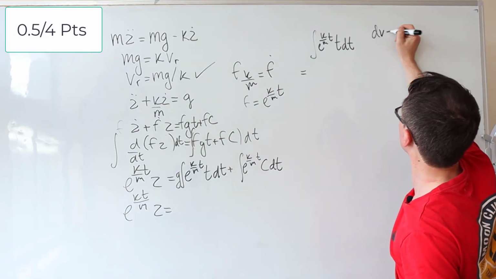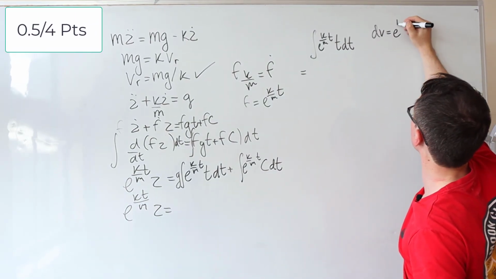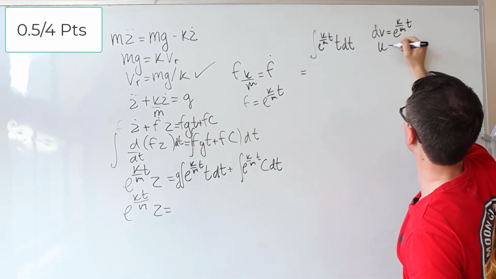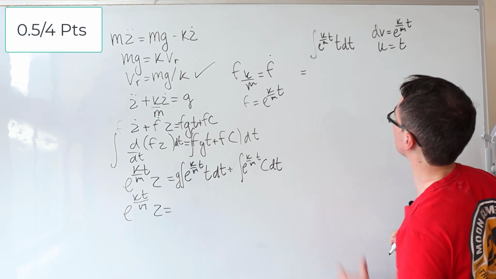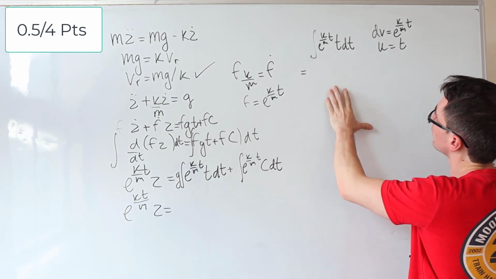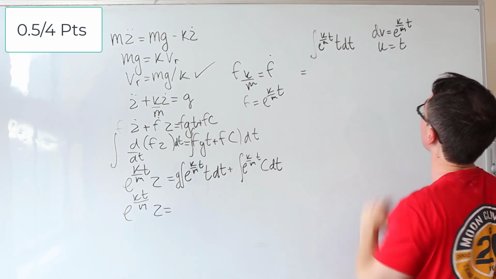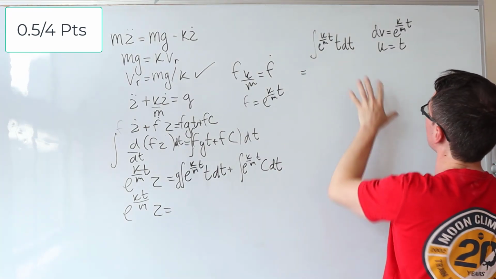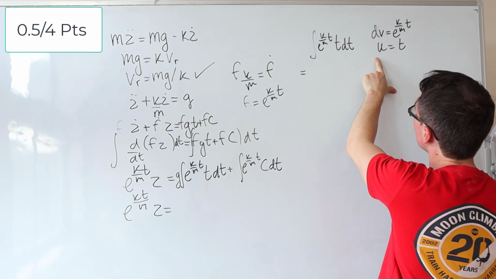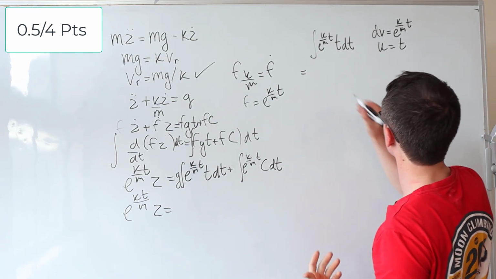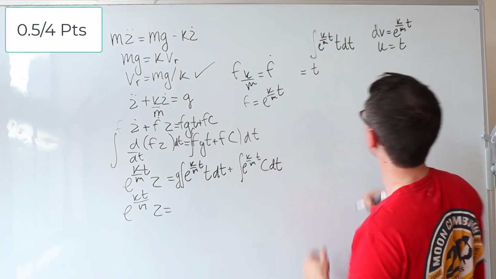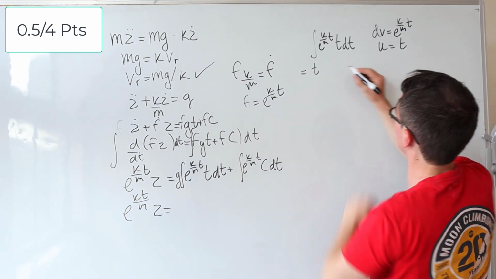So I'm going to say that dv is the exponential, which is e to the k over m times t. I'm going to say that u is equal to t. Okay, well then this expression right here will be given by u multiplied by v. So this here will be u, which is t, multiplied by v, which is the integral of this.